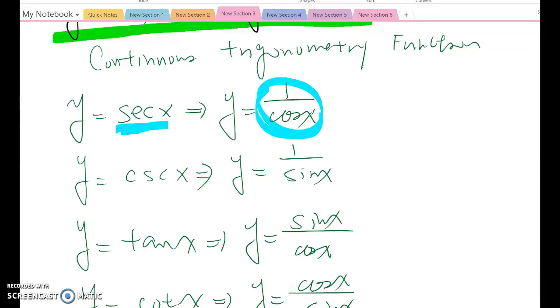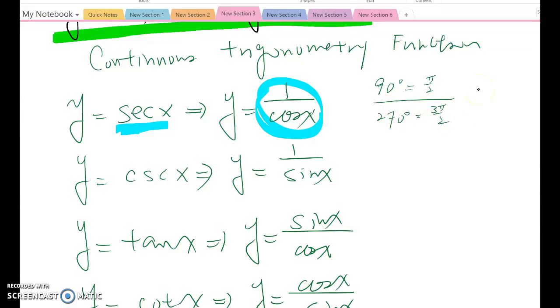We use radian values instead. So 90 degrees means pi over 2, that's the radian value, and 270 means 3 pi over 2.